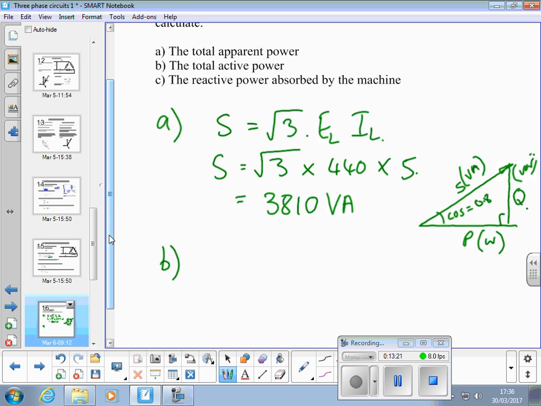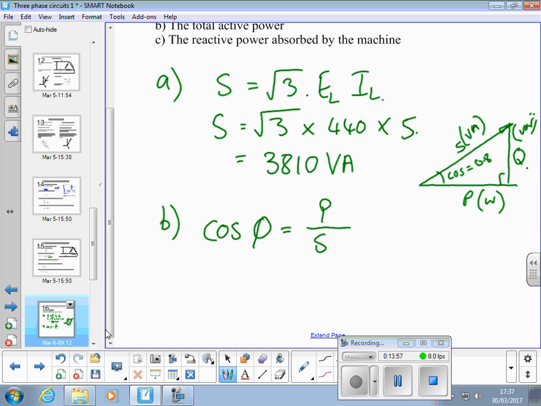So now, can we use that to find P? What you're saying is, we know that cos of the angle is equal to P over S. That's where it comes from. Cosine is adjacent over hypotenuse.